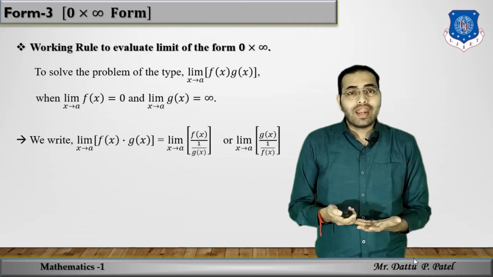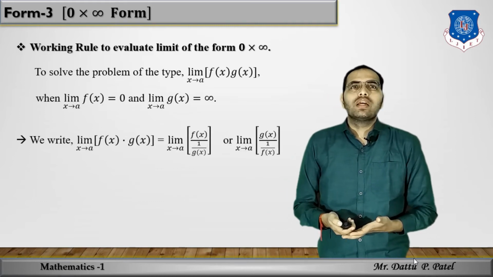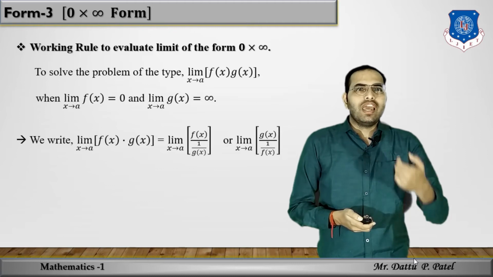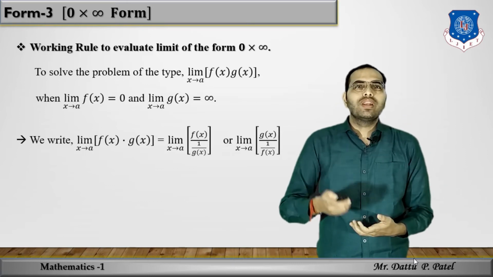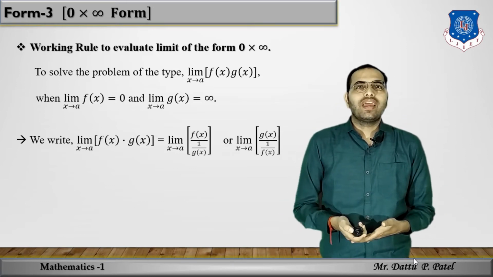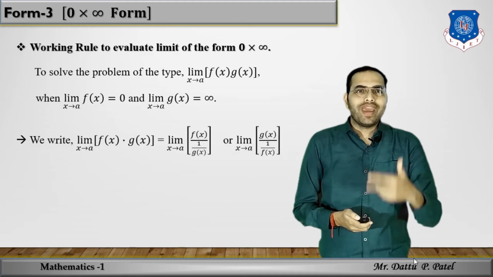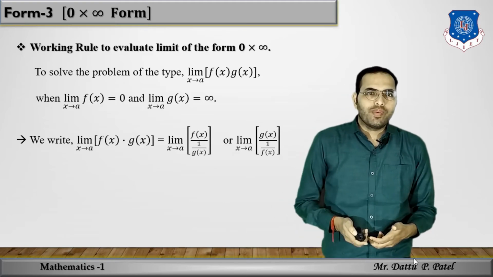We can write that type of problem as limit x tends to a of f of x upon 1 upon g of x, or limit x tends to a of g of x upon 1 upon f of x.